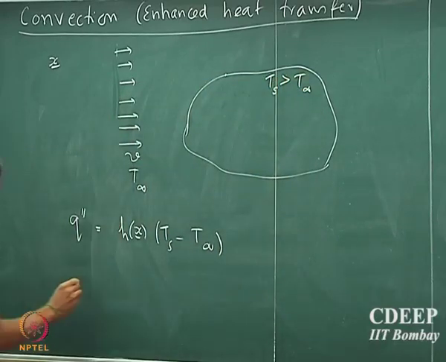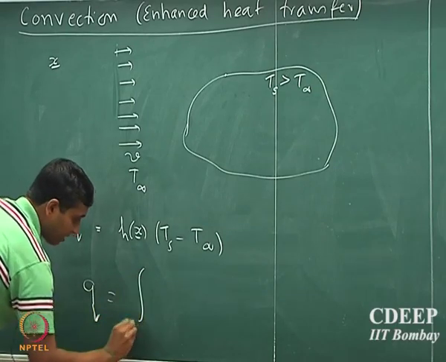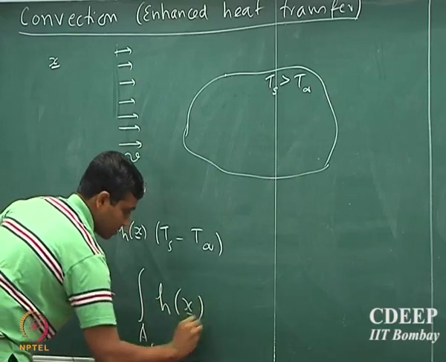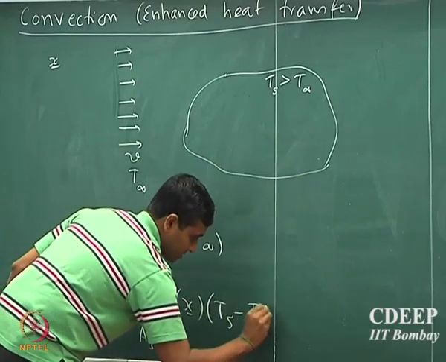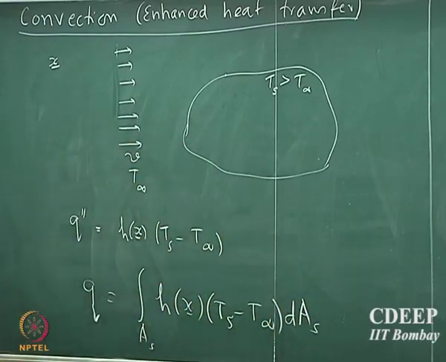And we said that we can find the total flux by simply taking an integral over the whole surface, dAs. Okay.